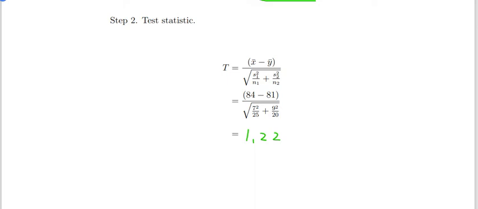Is this number a big number or a small number? We need to find the critical value. This is a t statistic, so we need the t critical value. How can we find it? We check a t table, and for the t table we need the degrees of freedom.